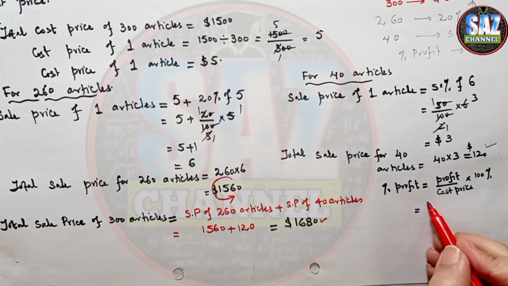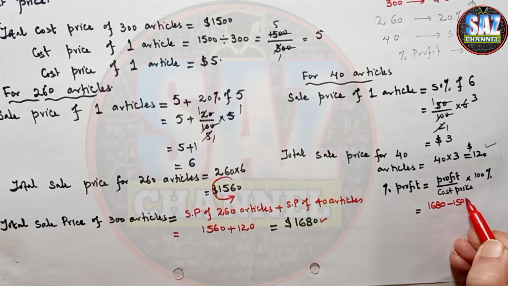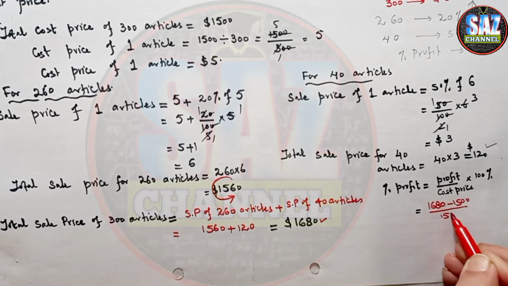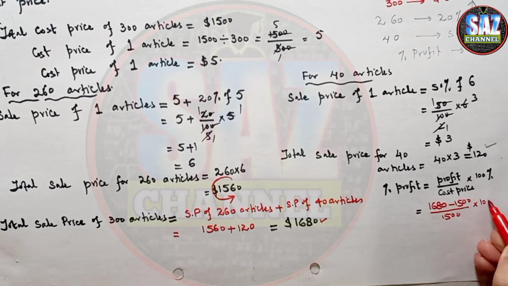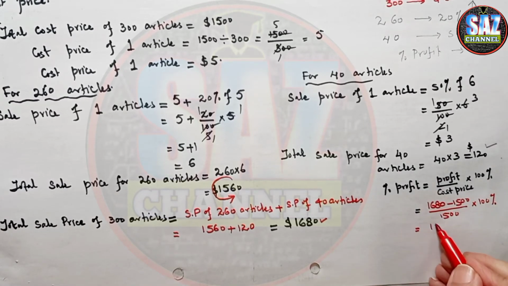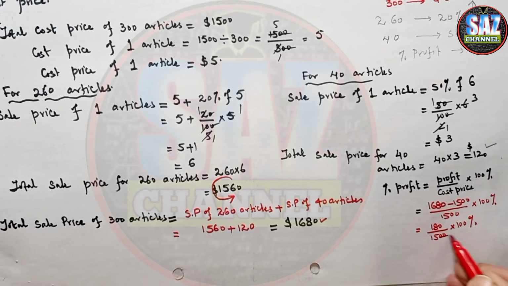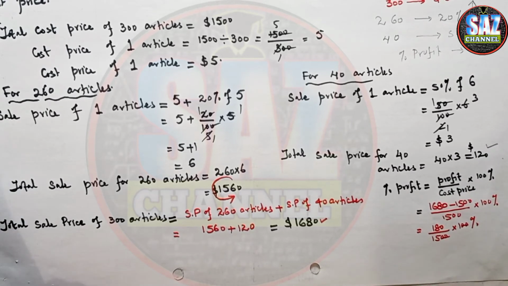So 1680 minus 1500 upon 1500 multiplied by 100%, and 1680 minus 1500 gives me 180 upon 1500 multiplied by 100%. Now the two zeros can go and I will be left with 180 upon 15, and that is 12%.